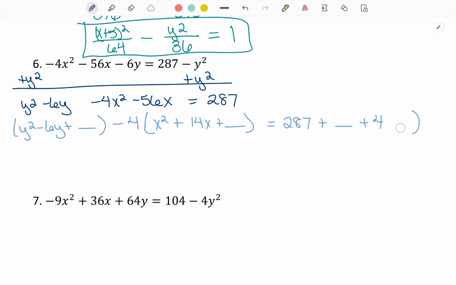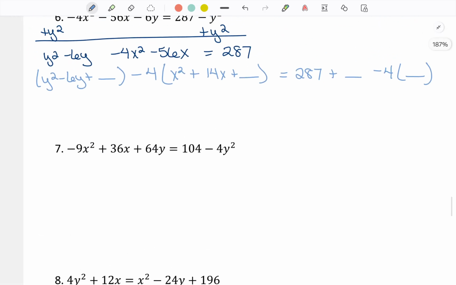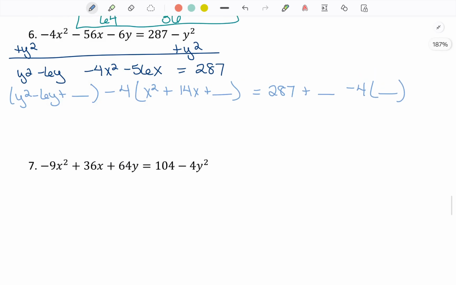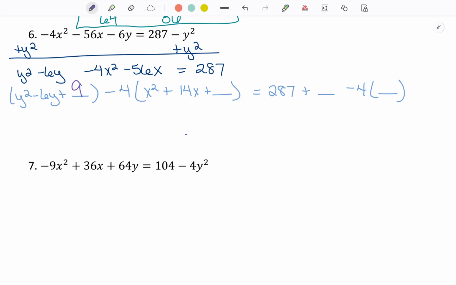And actually, since that is a negative 4 on there, we're going to have to subtract this. So we will have half of 6 is 3, and 3 squared is 9. And then half of 14 is 7, and then 7 squared is 49. So we will have a negative 4 times 49.